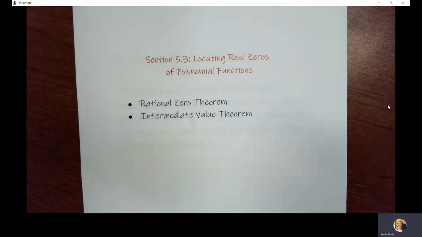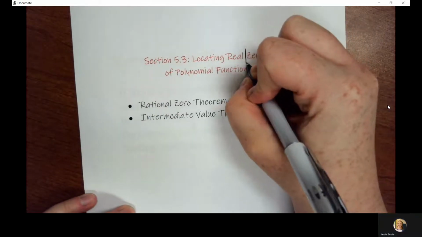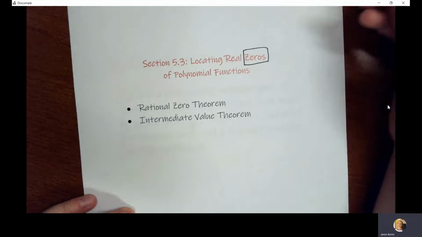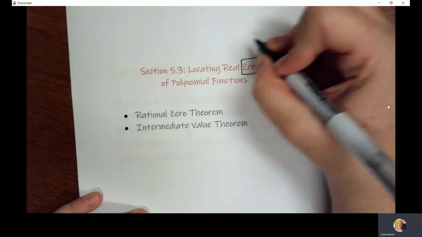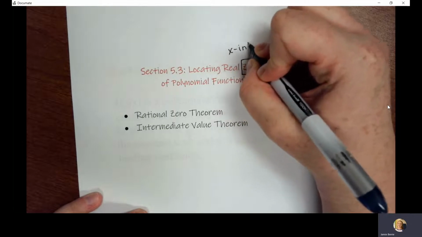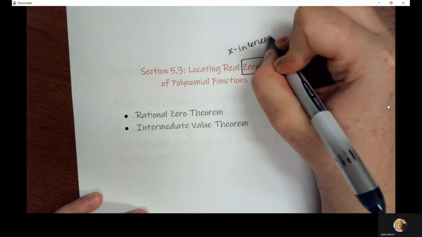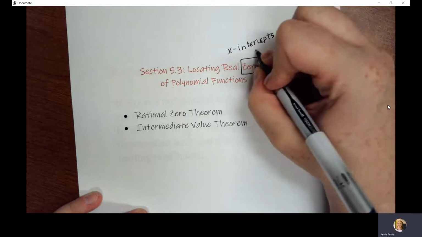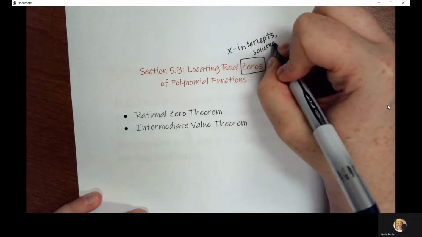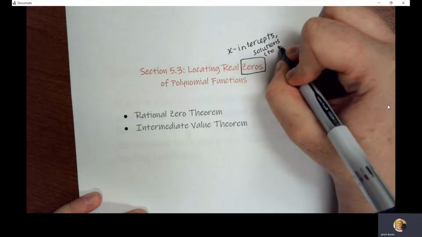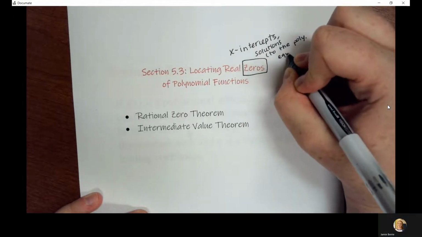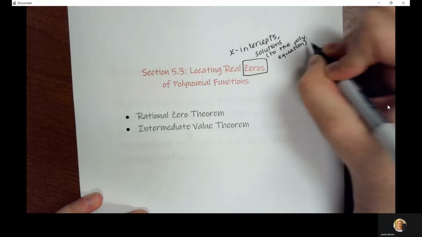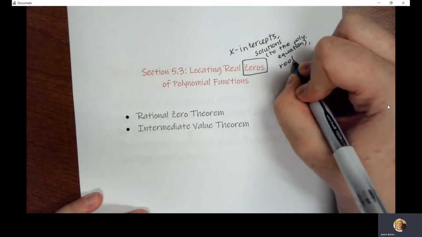So just a reminder, the word zeros is known by many names. This is also called x-intercepts, also called the solutions to the polynomial equation, and it's also called the roots.